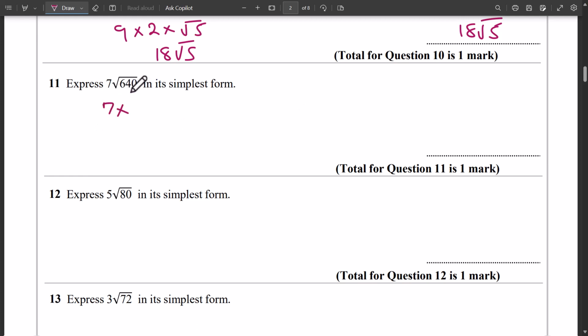Now, we can simplify root 640 as root 64 times root 10. Yeah, and 64 is 8, times 7 times root 10. And 7 times 8 is 56, so 56 root 10.